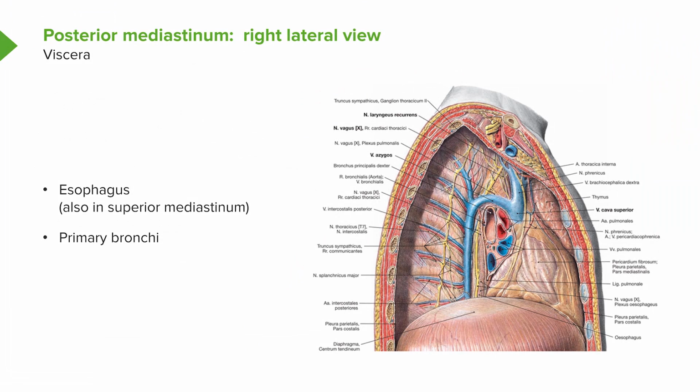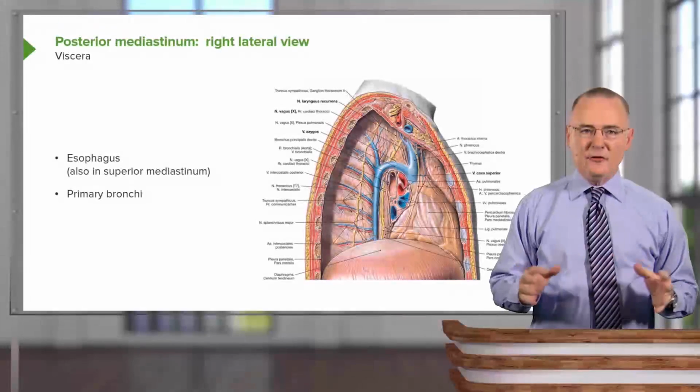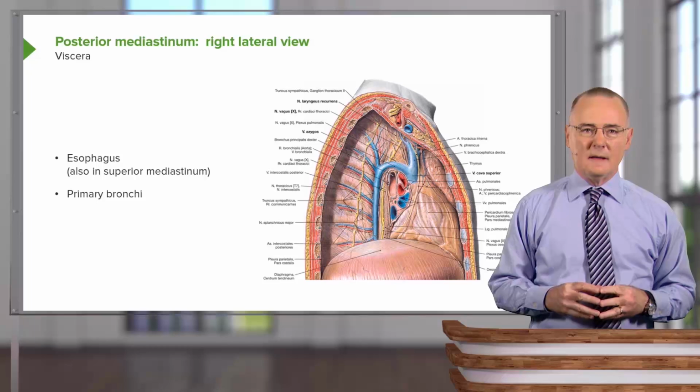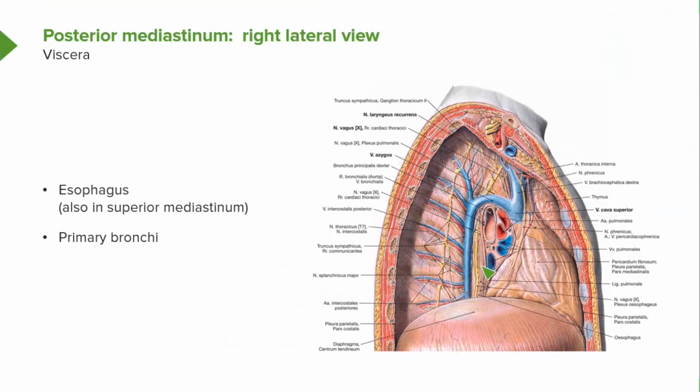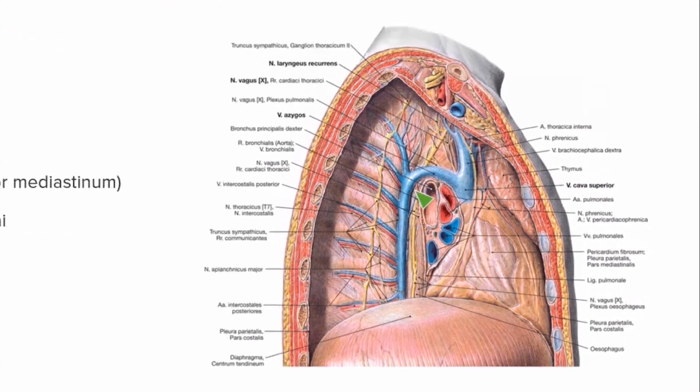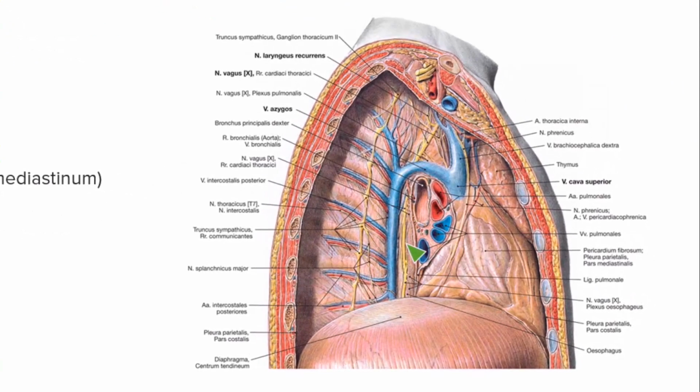The posterior mediastinum will house the esophagus. If we take a look here, we have the esophagus extending from the superior mediastinum into the posterior mediastinum. We can also see the divisions of the trachea within the posterior mediastinum.